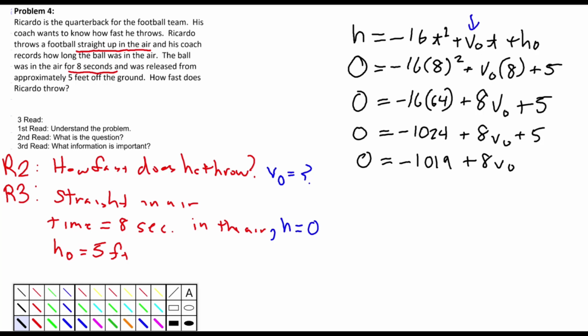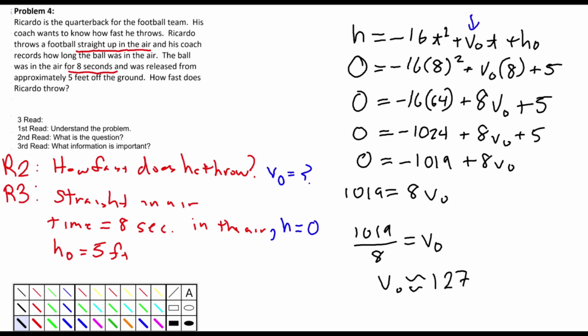And let's just solve this equation, algebra 1 stuff right here. I'll divide both sides by 8. And so we'll get 1019 divided by 8 equals v sub 0, which is approximately, in my calculator, 127.38 feet per second.